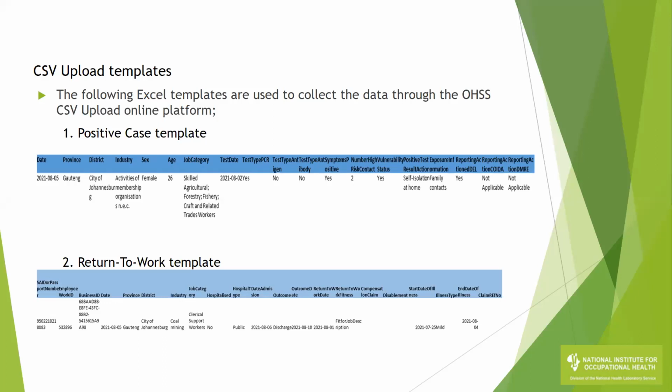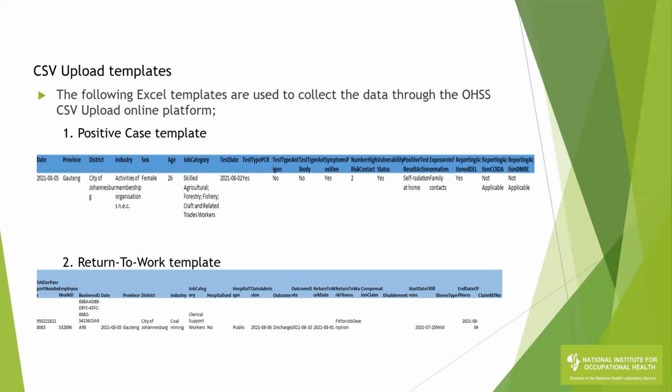Everything is as it's expected to be. So when you use that one, it becomes very easy. It's also important to remember that you don't change the wording on the headings, and don't add any extra columns that are not required, that are not listed here.